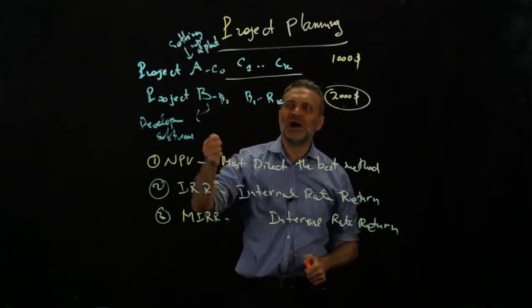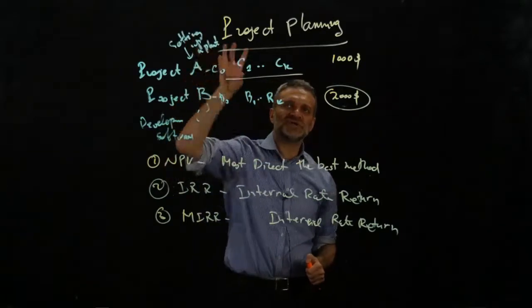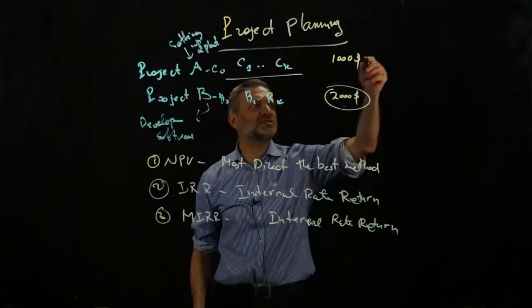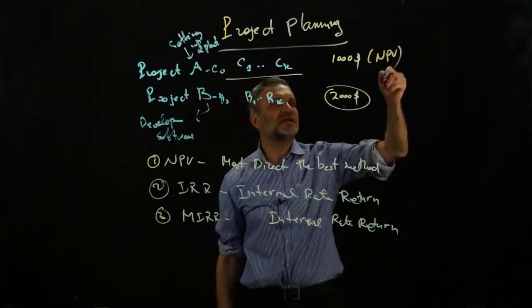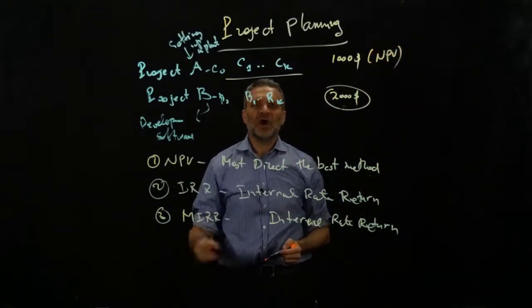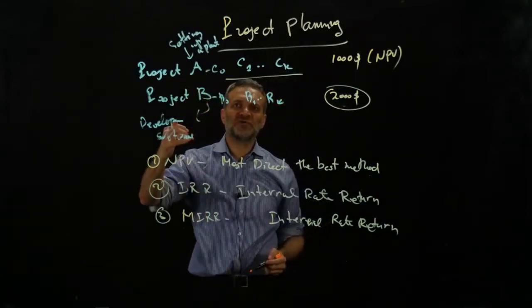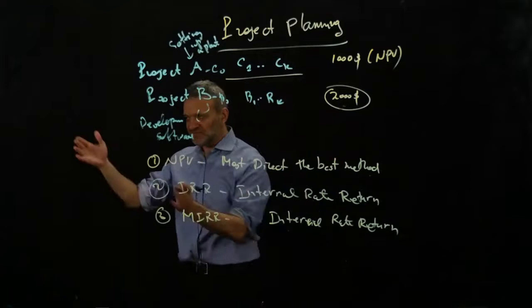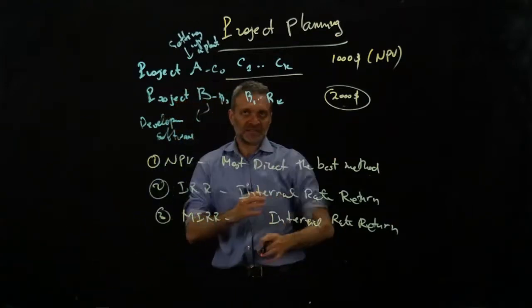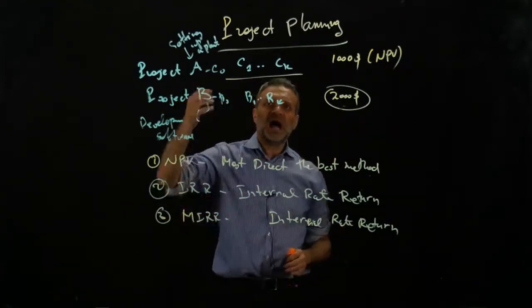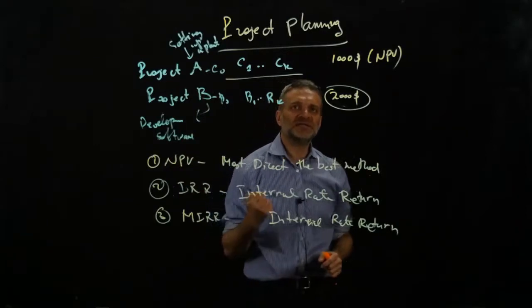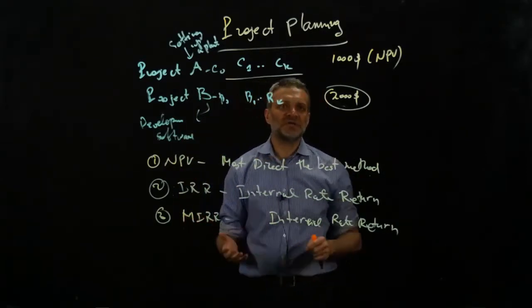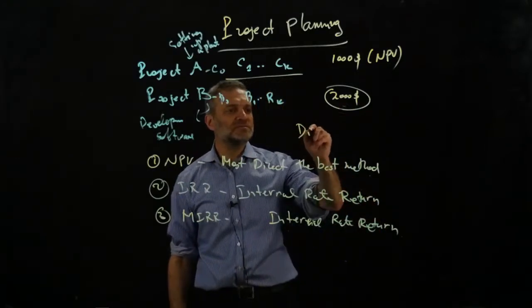If I know how to value those cash flows and translate them into a price or a present value, because the price is actually the NPV, the net present value, how much those cash flows are worth to me now, that's basically the price if I want to sell it to somebody else. How do I value this? All you need to do here is to come up with the discount rate.